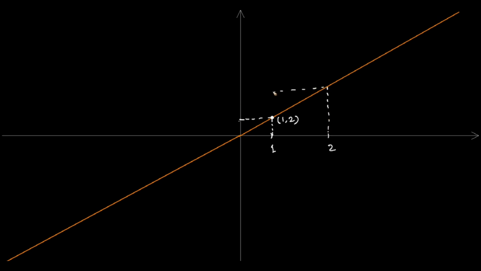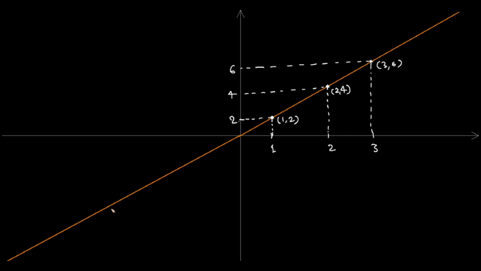Let's say this is 3, then the corresponding value is 6. This point is 2 and 4. So that's how the graph of a function looks.